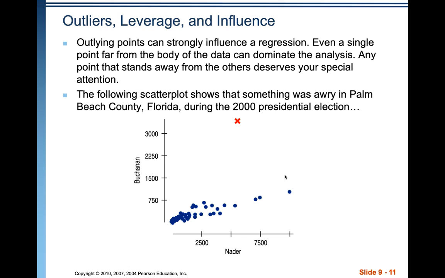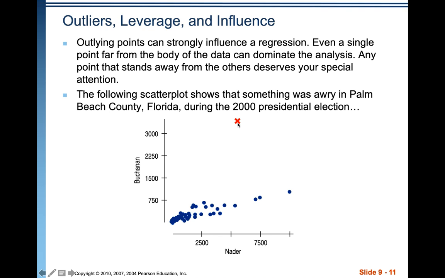Here we've got a scatter plot showing that something weird was going on in Palm Beach County, Florida during the 2000 presidential election. Here are the data for all the other counties, and you can see the relationship between the number of people who voted for Nader versus the number of votes for Buchanan.